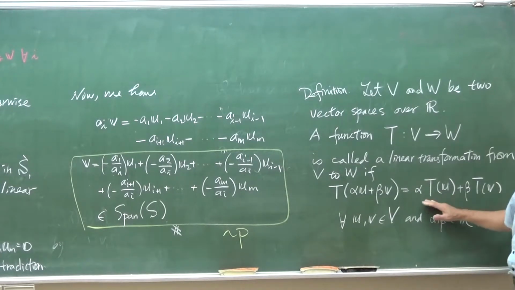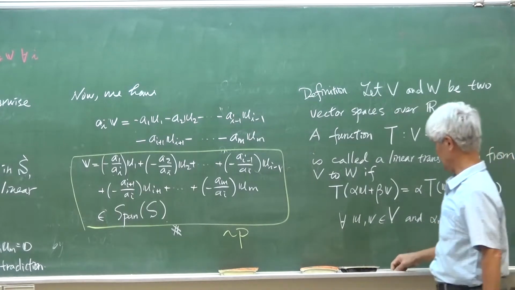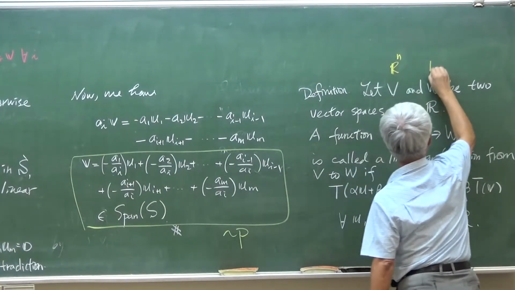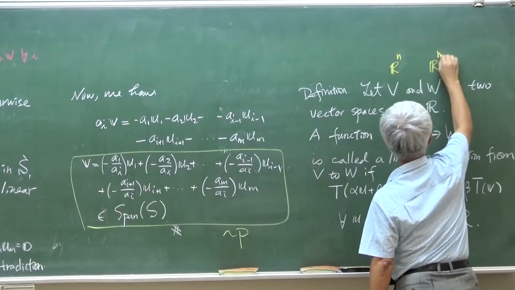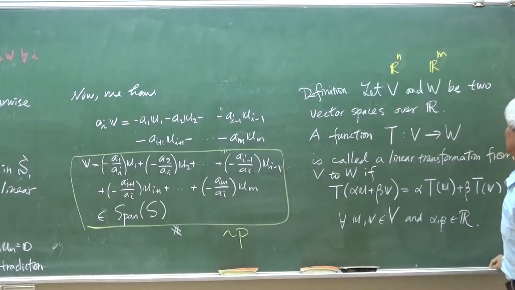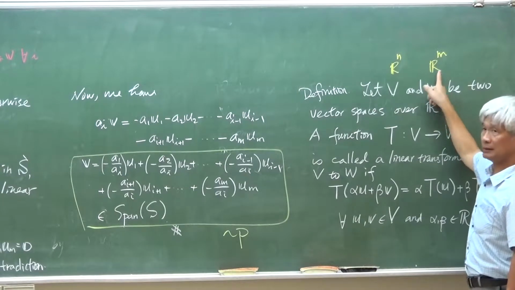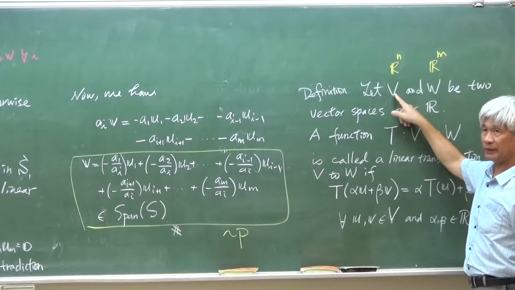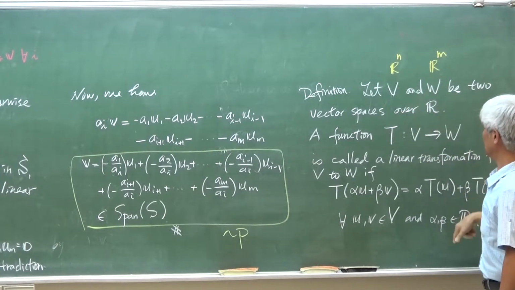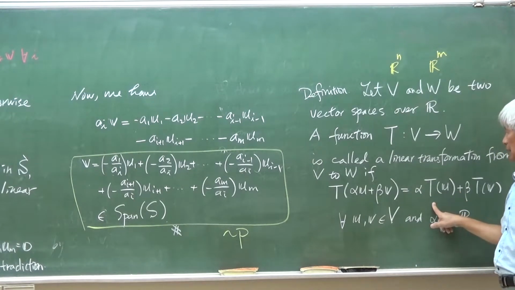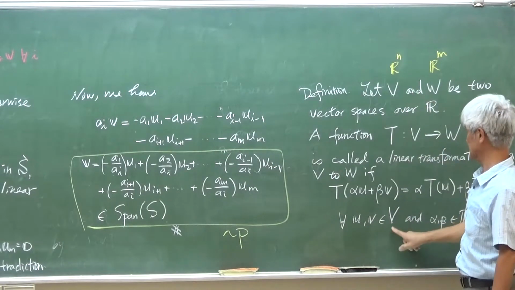So this definition is very similar to our previous versions when we considered functions from Rn to Rm. We write down the same formula, and U and V are in Rn.